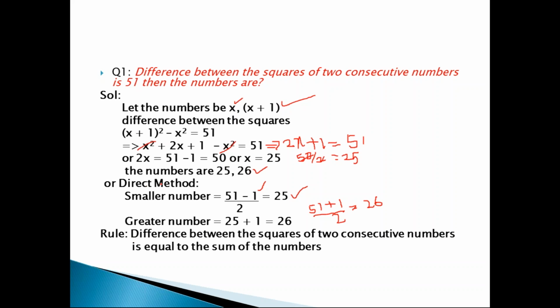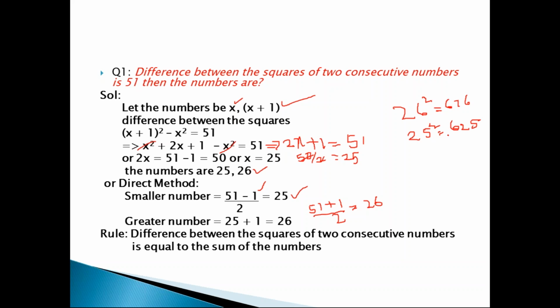Here, this question is based on the rule that the difference between the squares of two consecutive numbers is equal to the sum of the numbers. For example, here in this case, 26 square is 676 and 25 square is 625.